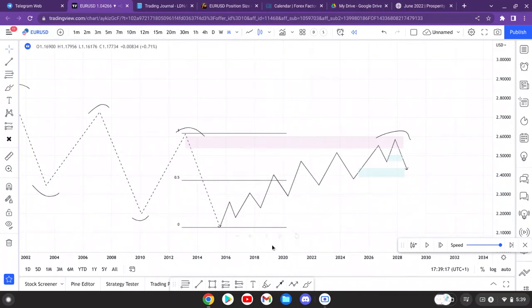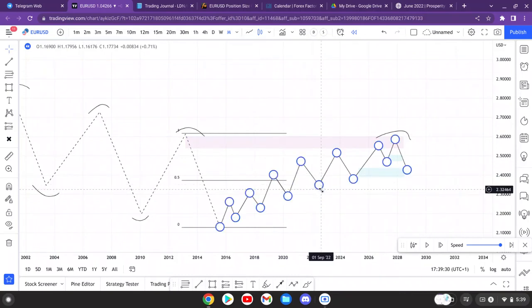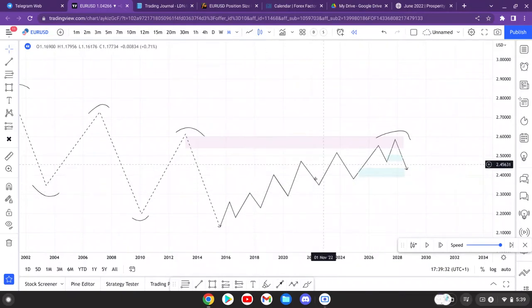That doesn't mean that you can't buy in areas here, but we would wait for confirmations and have our targets set and stuff like that. I'm not going to go too much into detail, but this is where a lot of people get caught out, right?